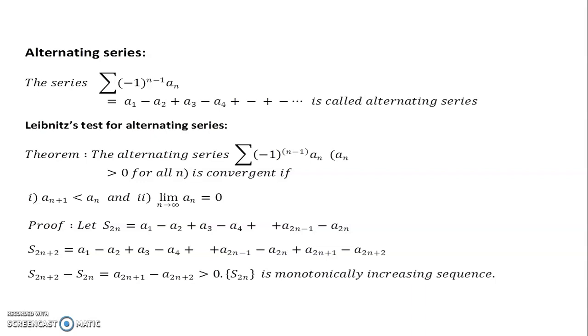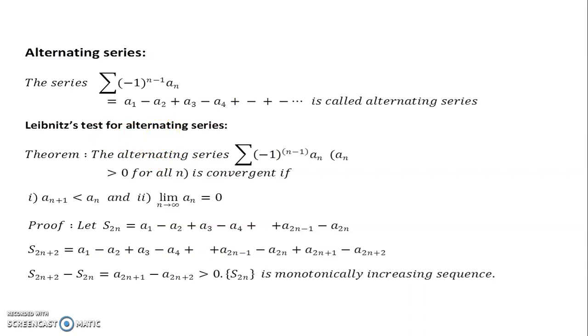And also we have another condition: the limit of an as n approaches infinity, that is the nth term, becomes 0.